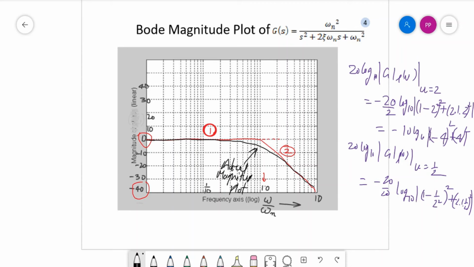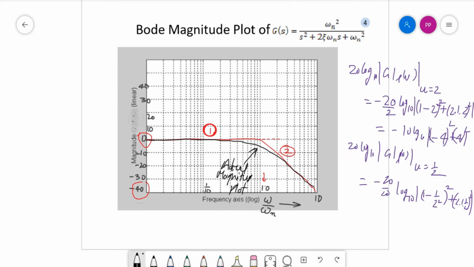So we can understand that if you have the value of damping ratio 1, then this is similar to the type 0 first order transfer function, just the power has been doubled, so the slope has also been doubled, which is negative. But now if you keep on increasing the value of damping ratio, you will see that the second term becomes bigger.